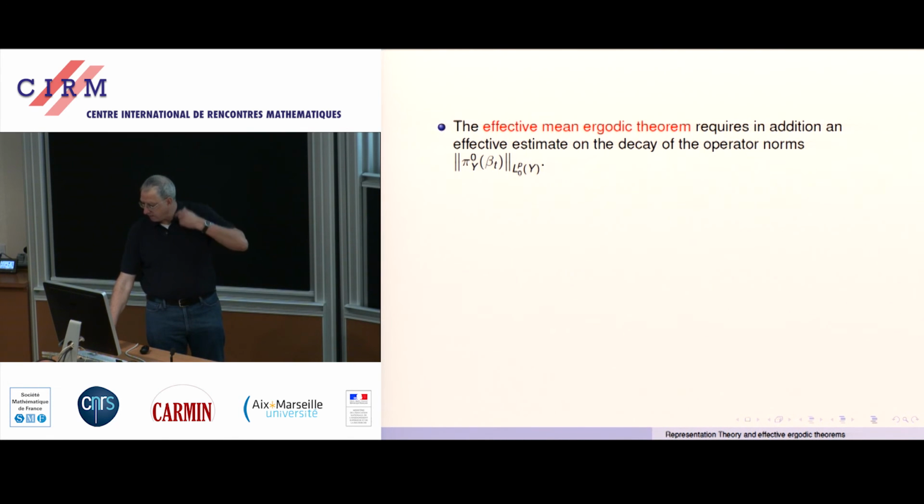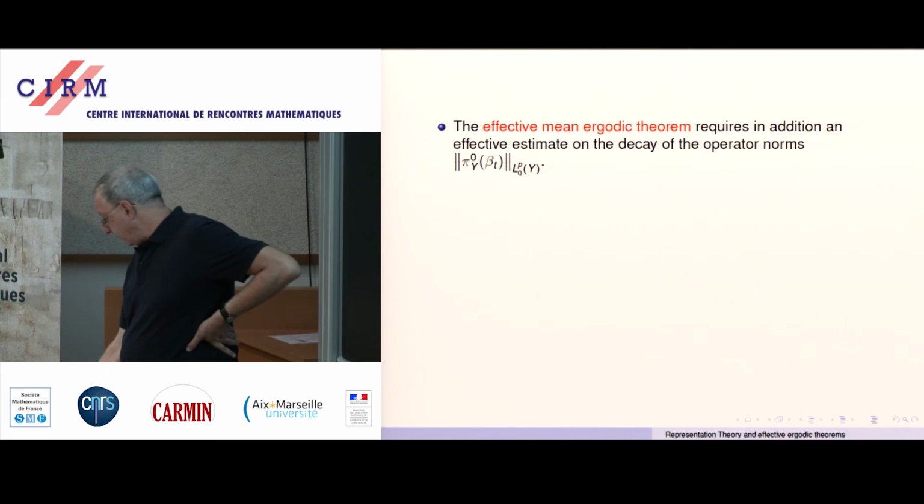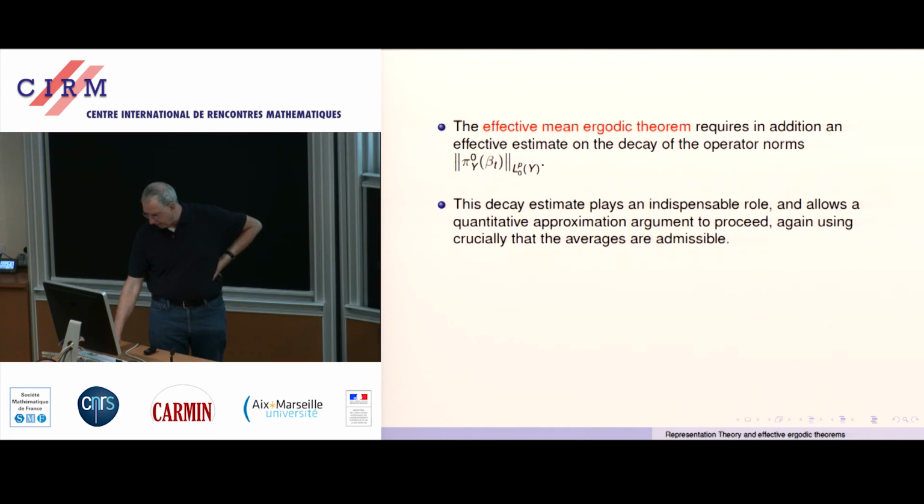And the effective mean ergodic theorem requires, in addition, an effective estimate on the decay of the operator norm, which, of course, plays an indispensable role. And this operator norm decay estimate allows a quantitative approximation argument to proceed.